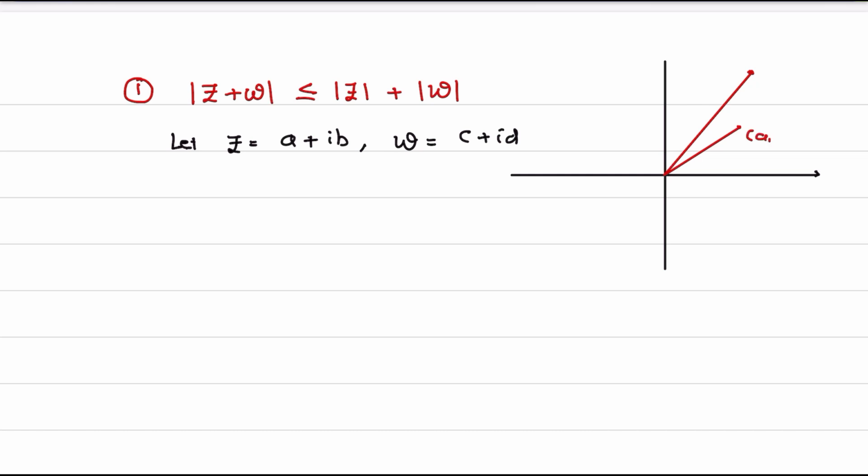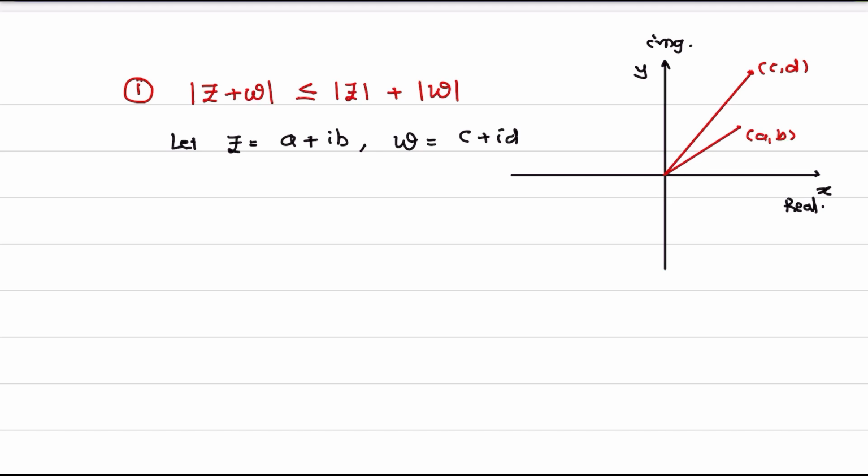This is AB, let us say it is CD. These two are nothing but looking like vectors. It's nothing but vector addition. This is Y direction, it is imaginary values, and in X it is real values. One is A plus IB, W is C plus ID.